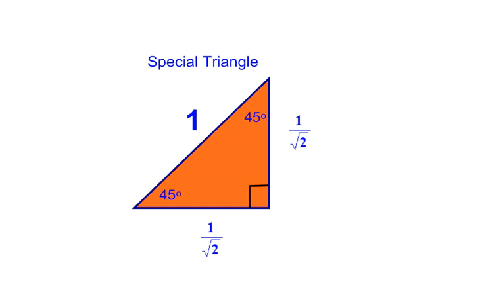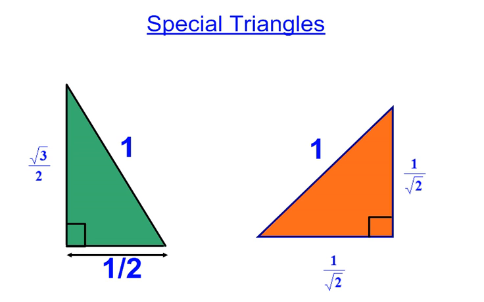So remember, this gives us our two special triangles, which you can memorize but also easily derive by starting off with your equilateral triangle and your isosceles triangle. Now, why are these special? We chose a side length of 1 in our equilateral triangle, and a side length of 1 for our isosceles triangle.